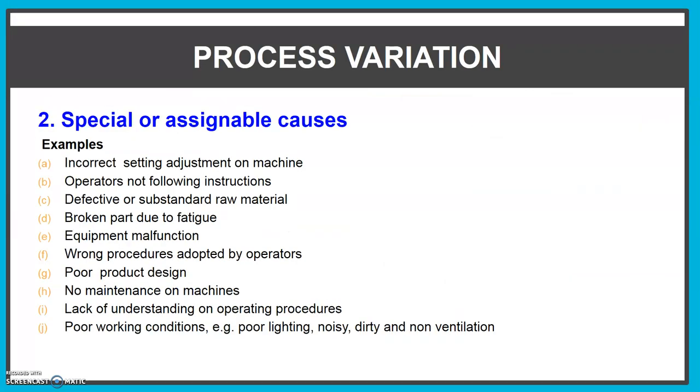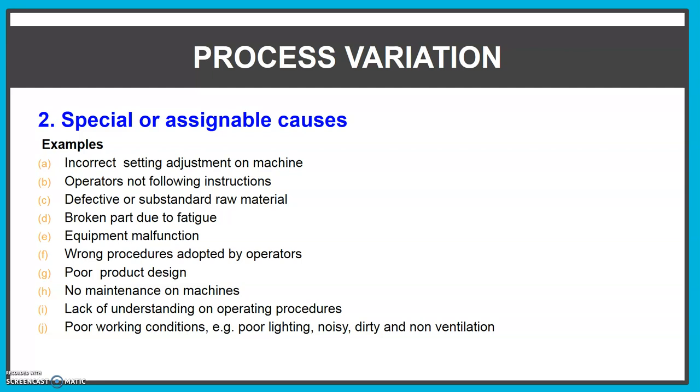Then we go to the assignable causes. If your process has assignable causes, that means your process is not stable enough. Something is wrong somewhere. You have to solve it now. You cannot delay it, because you will always produce products that do not fulfill the requirement of the customer.